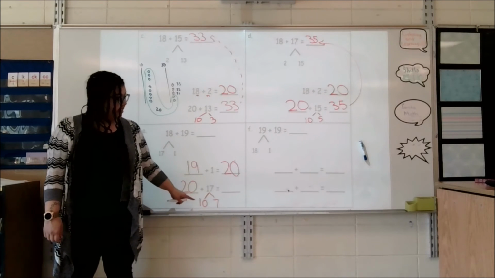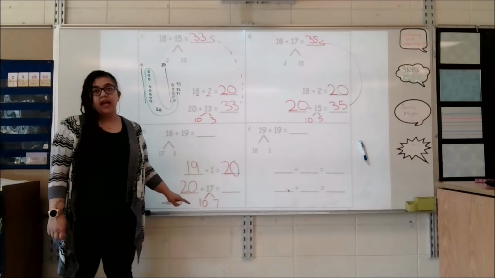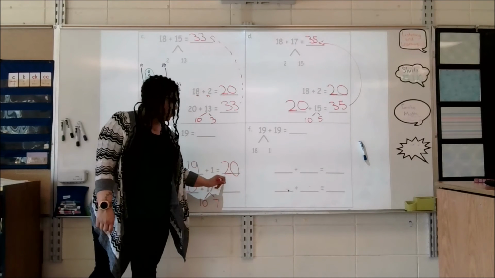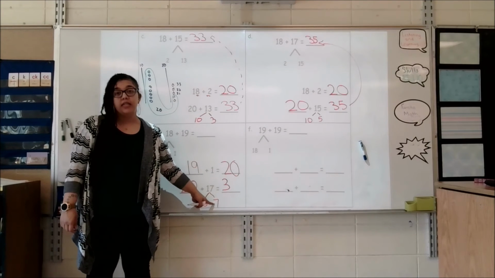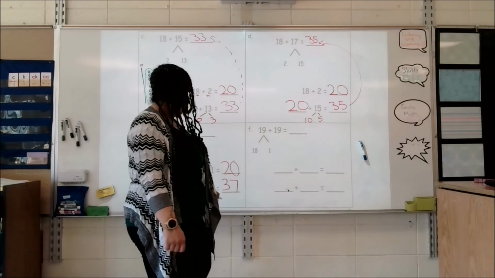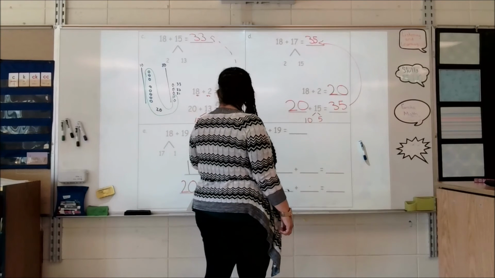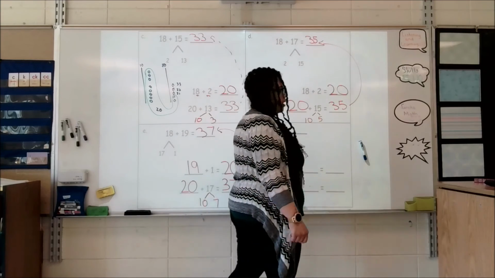So 20 and 10, 2 10s and 1 10 is 3 10s. 0 1s and 7 1s is 7 1s. Meaning 18 plus 19 is equal to 37.